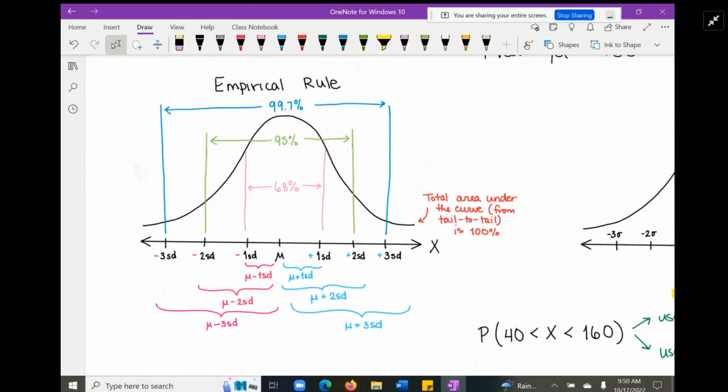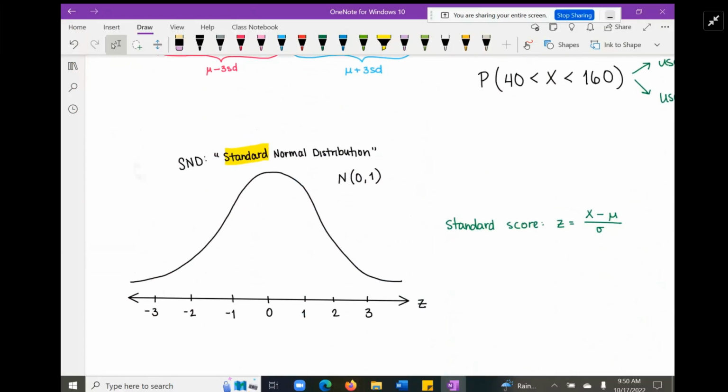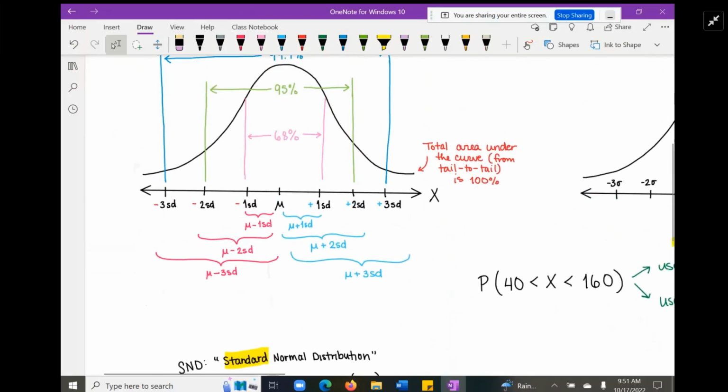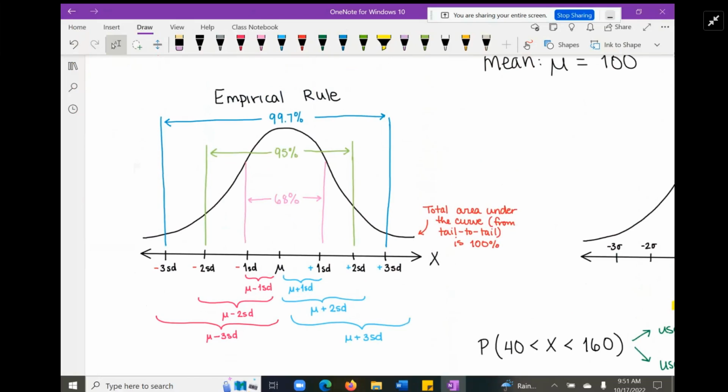Then you have the mean, which in standard normal distribution, every mean that's converted into a z-score is going to be 0, representing halfway or 50% of the curve. And then you go +1, 2, 3. So it's literally the same thing. The only difference is what those values on the axis are.